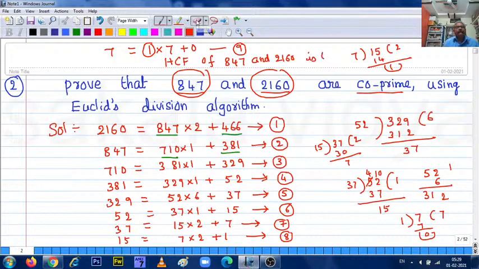Therefore, they are co-prime. This is the answer.